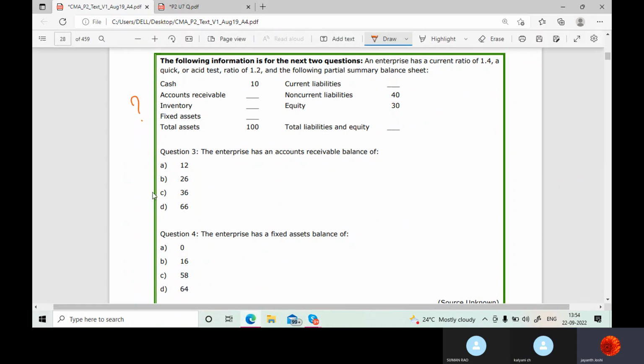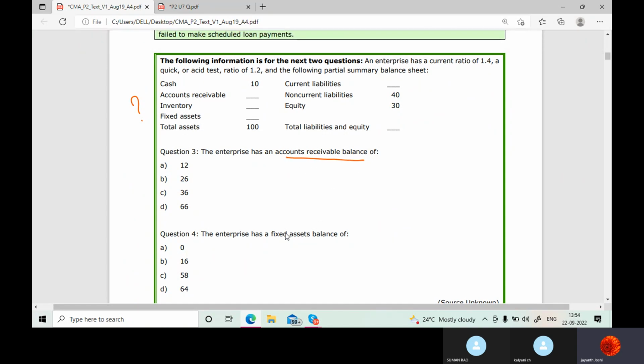Now solve this question. I want to know what is the answer for the accounts receivable balance and the fixed assets balance. I'm giving you some time. Please solve. Try.